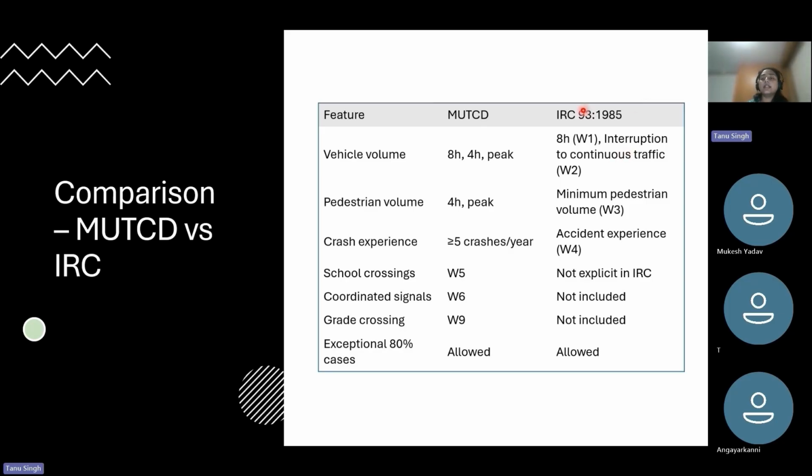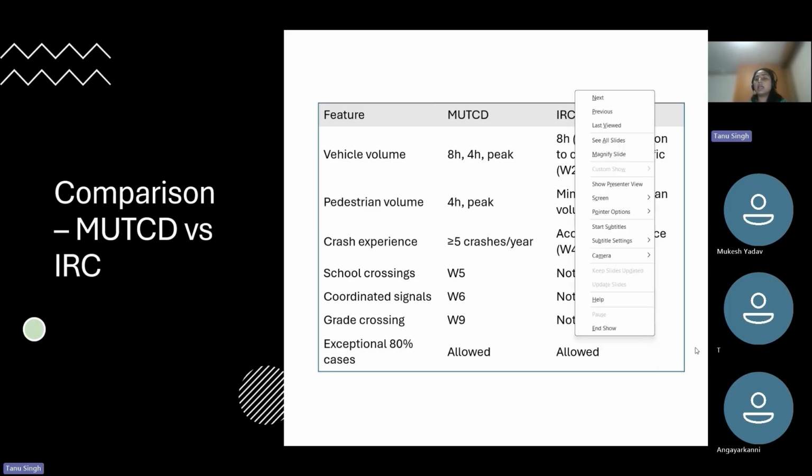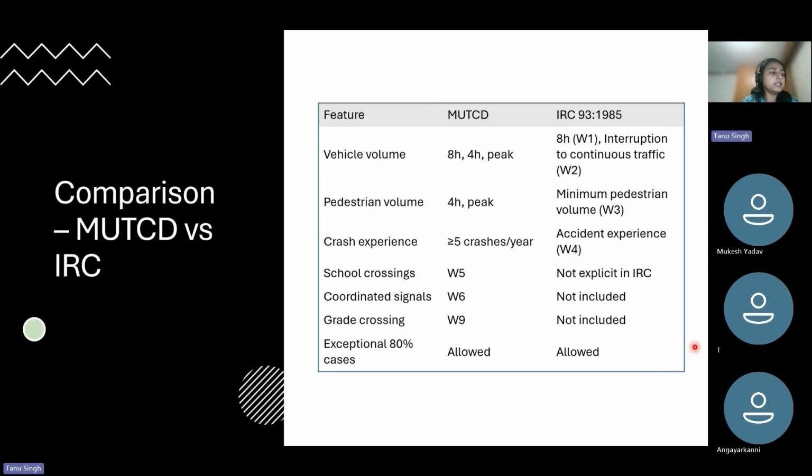For IRC 93 we have the 8 hour in warrant 1, and interruption to continuous traffic in warrant 2. Then we have pedestrian in warrant 3 and accident experience in warrant 4. The others are not included in IRC 93, whereas the exceptional cases are also allowed in IRC 93 1985.